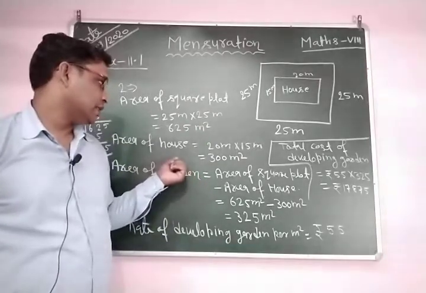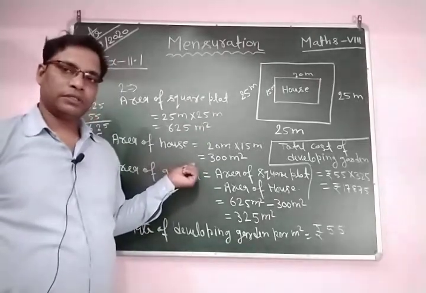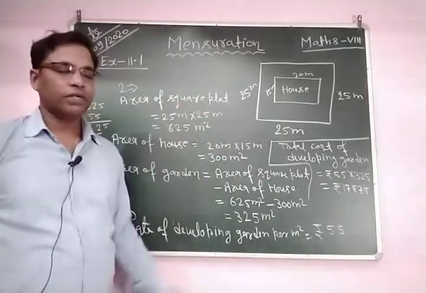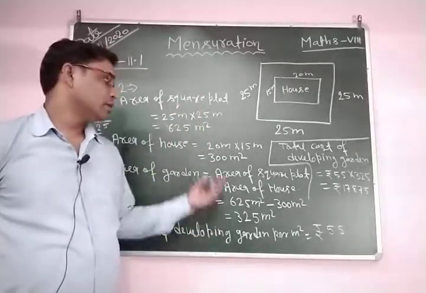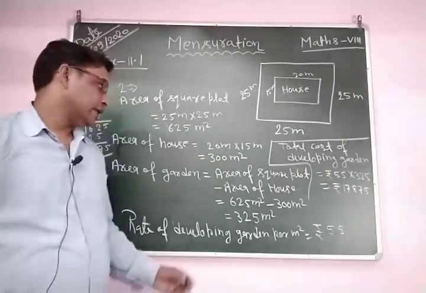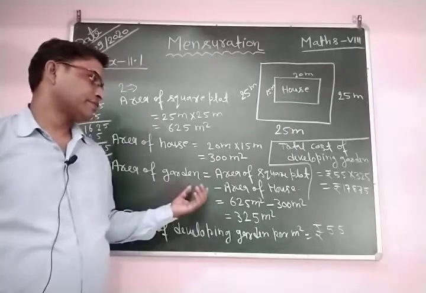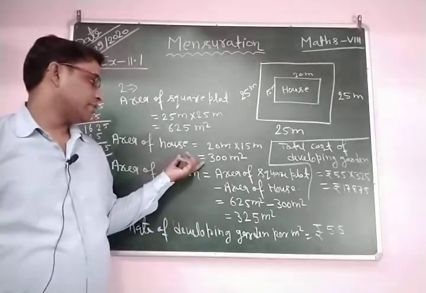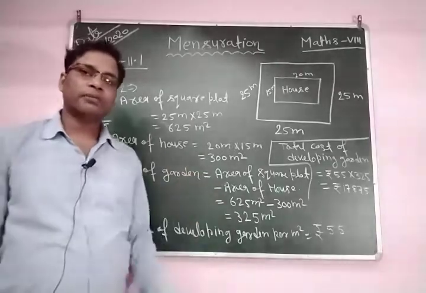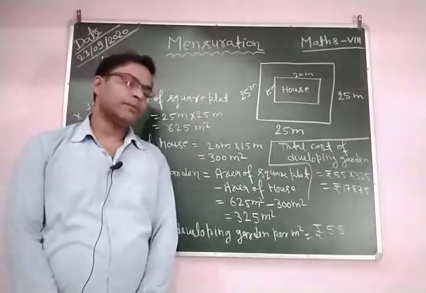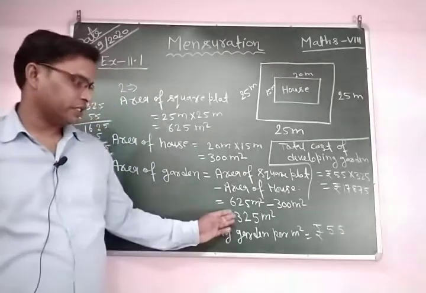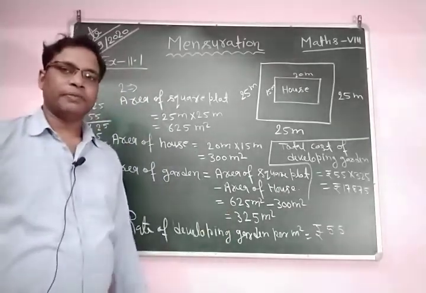After this, we find the area of the house. The dimensions of the house are 20 meter into 15 meter, so the area of the house is 300 meter square. Now we find the area of the garden. If you subtract the area of the house from the area of the square field, you get the area of the garden, which is 325 meter square.